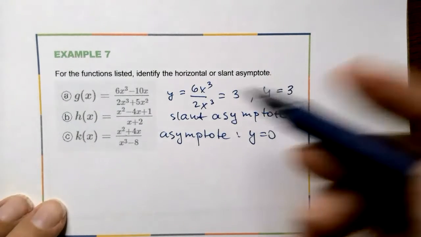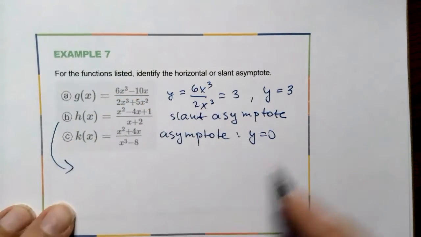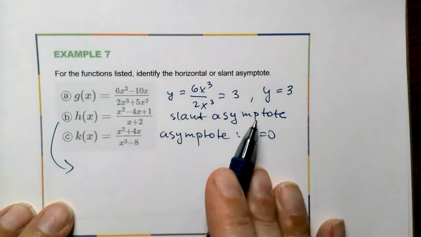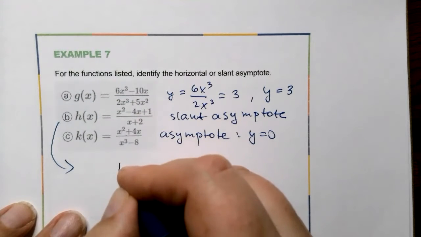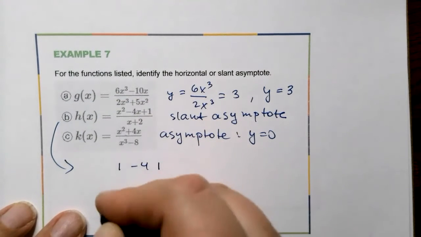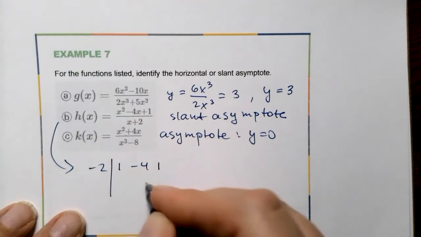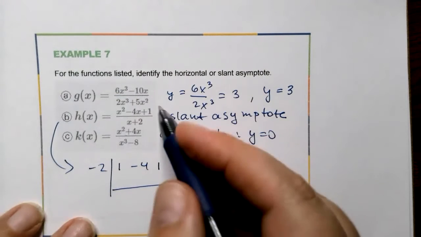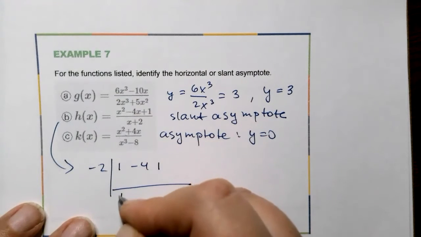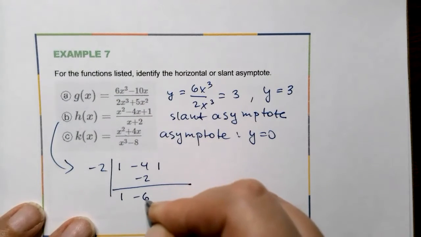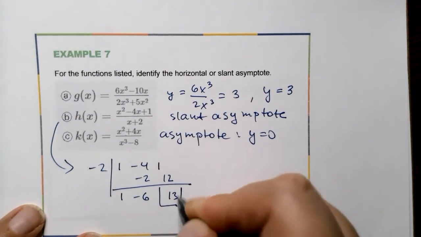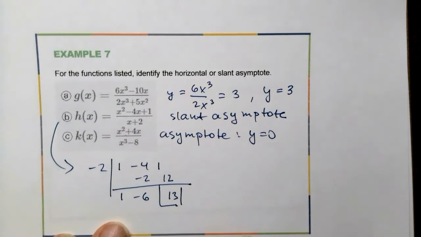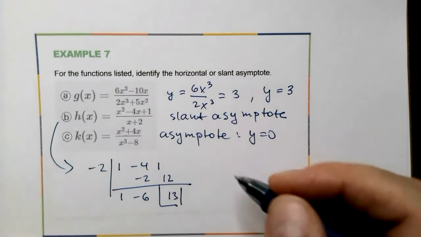Okay. How do we find exactly, if we wanted to find the equation of the asymptote? Again, we would divide using synthetic division, 1, negative 4, 1 over negative 2. So 1, negative 2, negative 6, 12, 13. And again, this remainder doesn't make any difference on the graph.